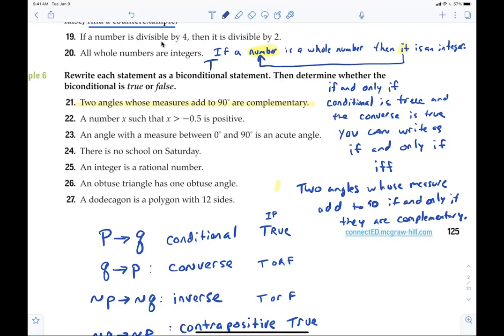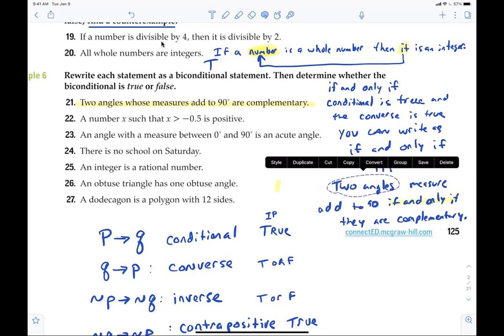And that is just an abbreviation for telling you that the conditional is true and the converse is true. Wait a minute. Instead of saying whose measure, that doesn't make sense. Two angle measures add to 90 if and only if they are complementary. That makes better sense. See, my English is not very good.